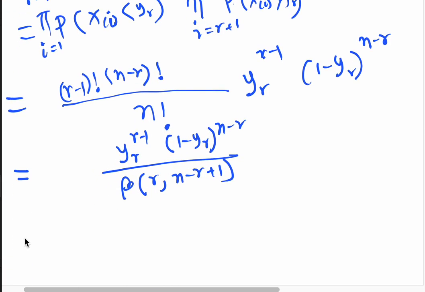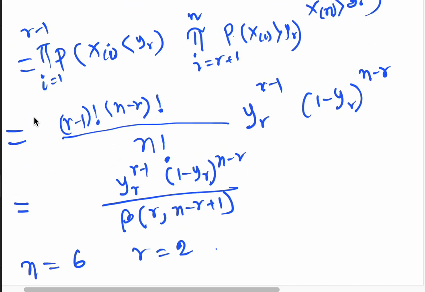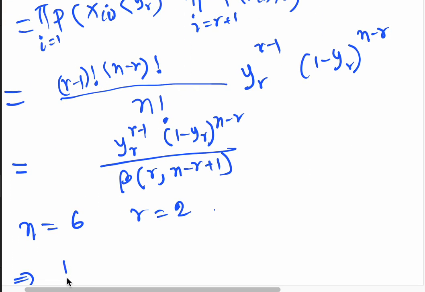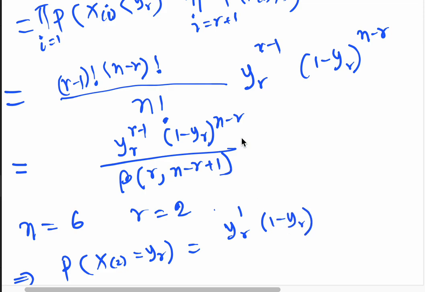Now it has been given that n equal to 6 and r equal to 2. Then the density of the second order statistic will be y to the power 1 times 1 minus y to the power n minus r, that is 4, divided by beta of 2 comma 5.